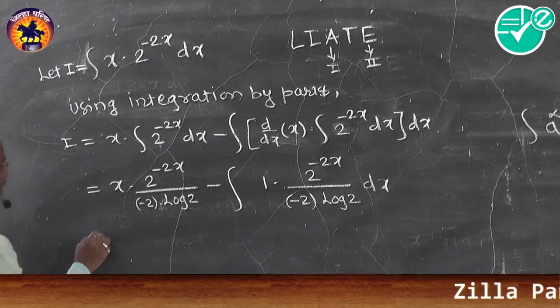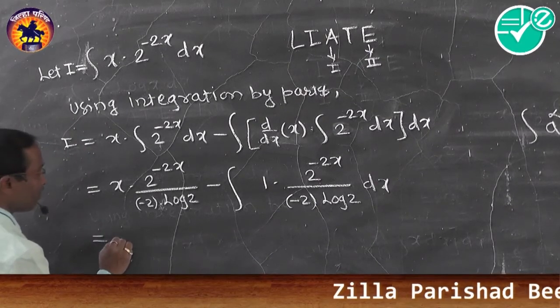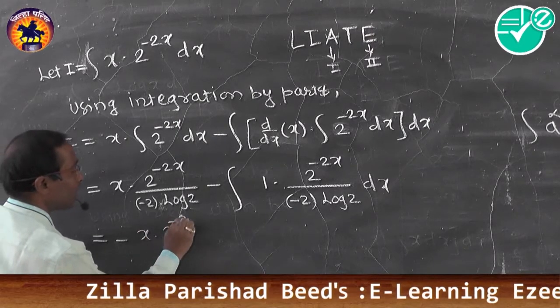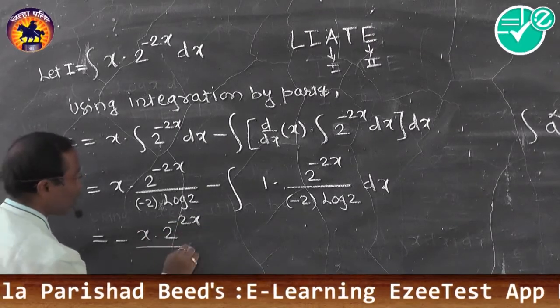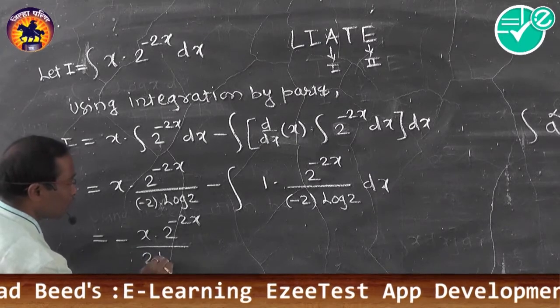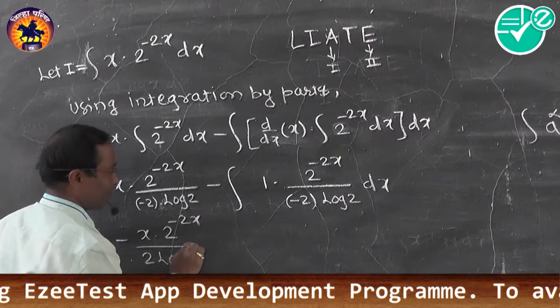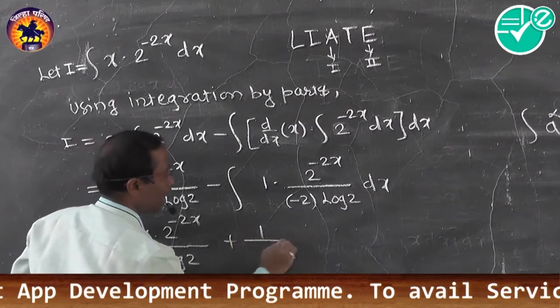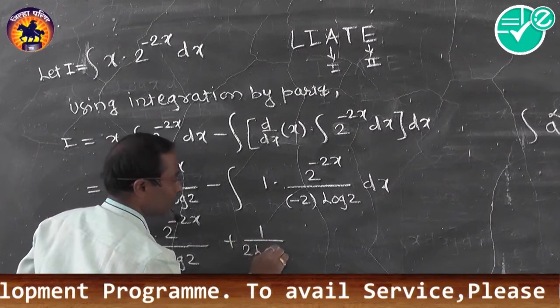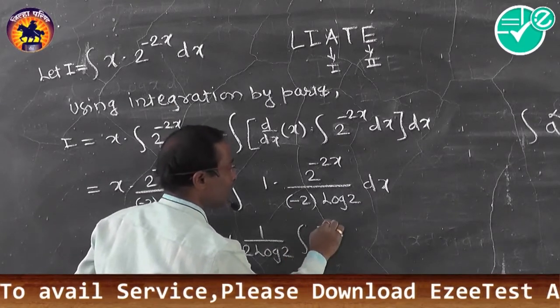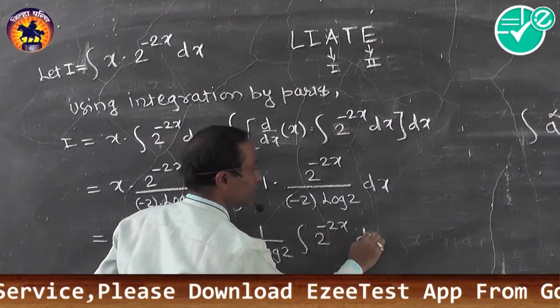Now this can be written as minus x into 2 to the power minus 2x upon 2 into log 2. Minus minus becomes plus 1 by 2 into log 2, taking common, integral of 2 raised to minus 2x dx.